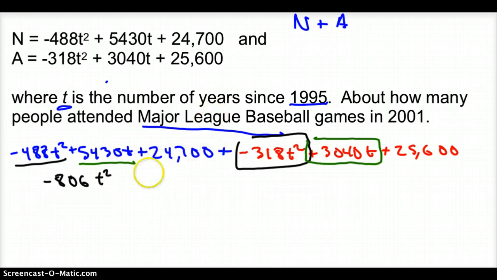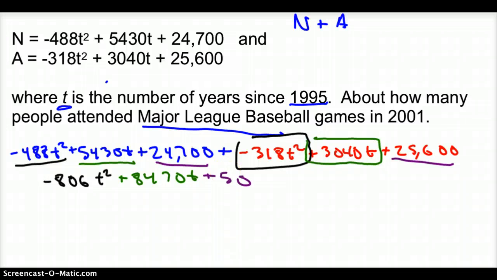That, when added together, will give me plus 8470t. And then, finally, add your numbers together, there and there, to get plus 50300.